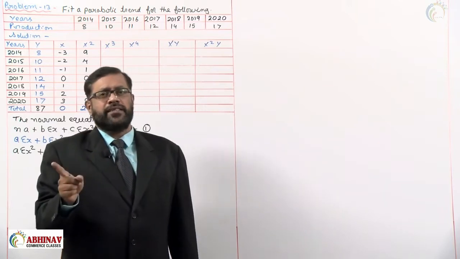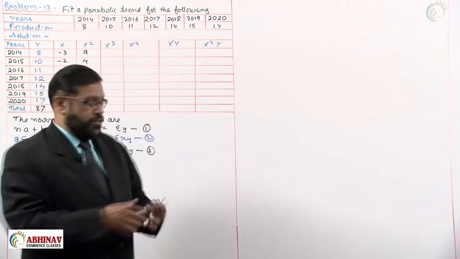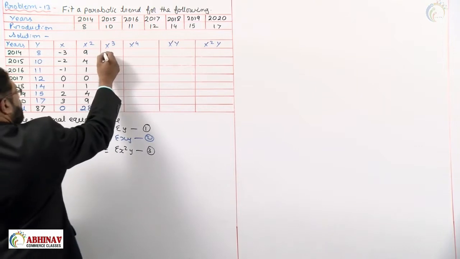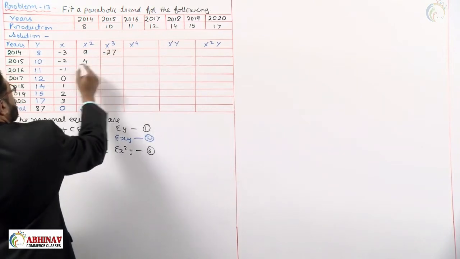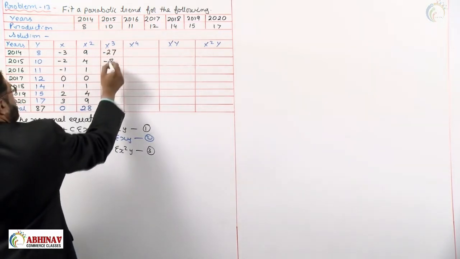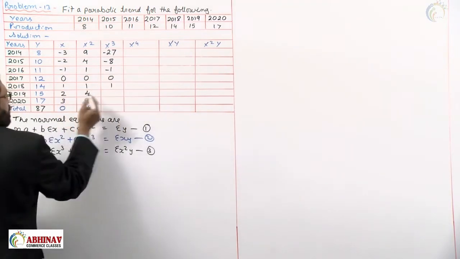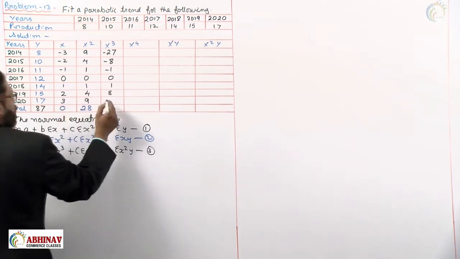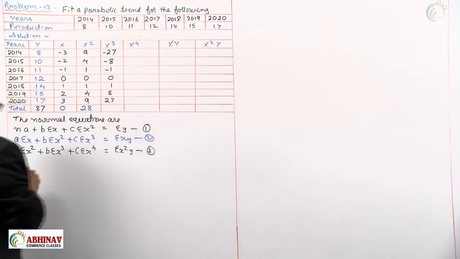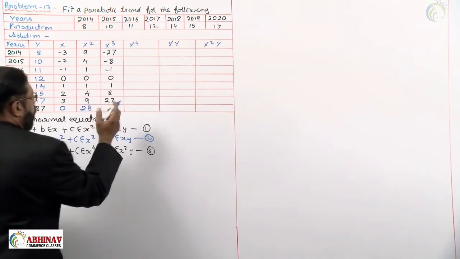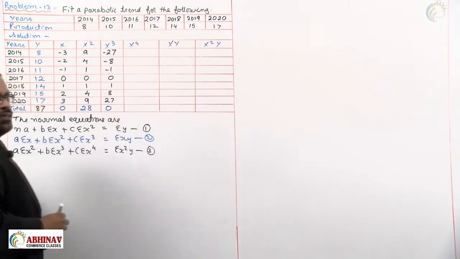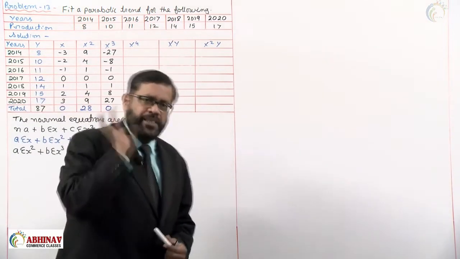Minus 3 into minus 3 is plus 9, into minus 3, we get minus 27. Minus 2 cube, minus 8. Minus 1, 0, cube of 1, cube of 2, cube of plus 3. And the total of x cube will also be 0. Always, x cube is also going to be 0.